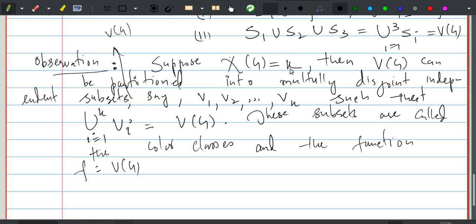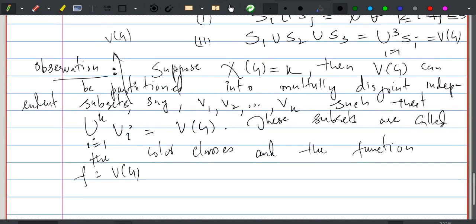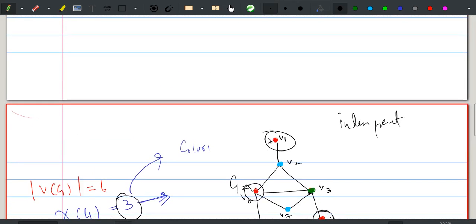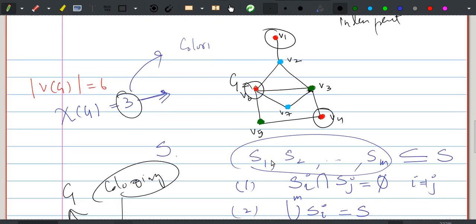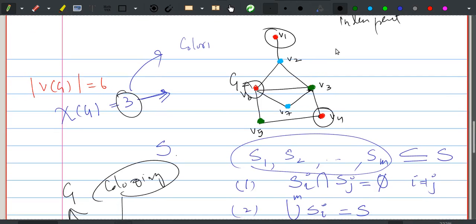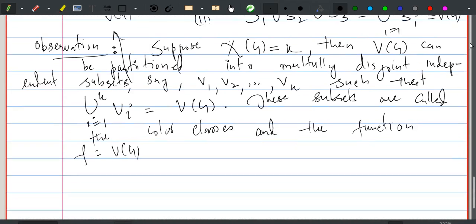So here the chromatic number is k, so we have used k colors. Because this is 3 chromatic, we have used 3 colors. So this coloring actually is a function from vertex set V(G) to the set {1, 2, 3}, where we have used these 3 colors, 1 for red, 2 for green and 3 for cyan.